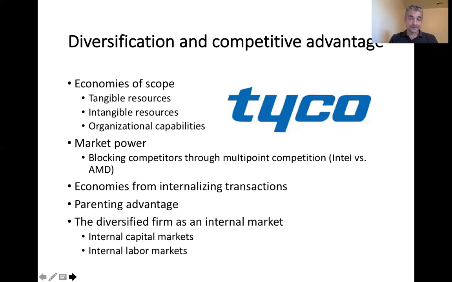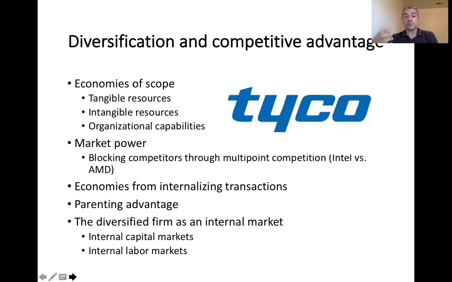And the other way that diversification and enhancing the scope of the company can create value and competitive advantage for you is that a diversified firm could act as an internal market. As a big company with cash flows coming from different industries and subject to different industry dynamics, planning horizons, and whatnot, they could be an effective internal capital market, right?